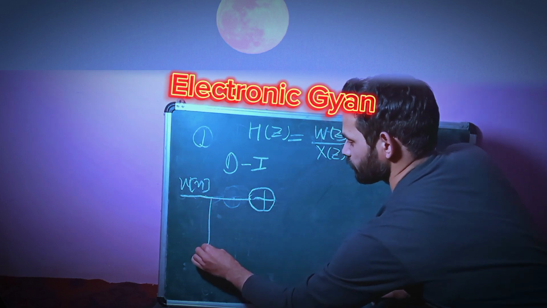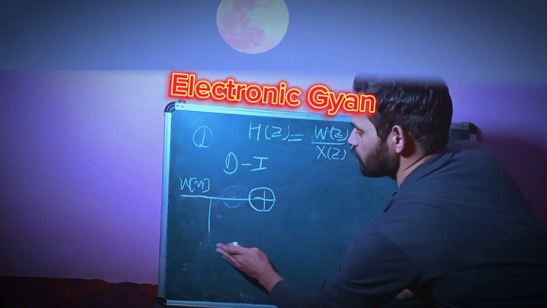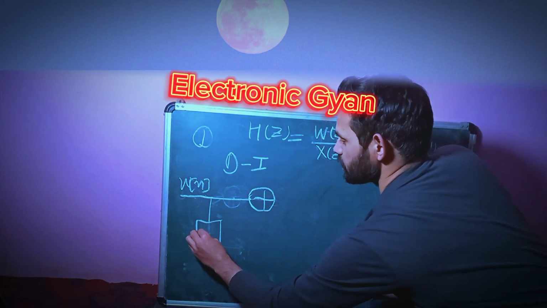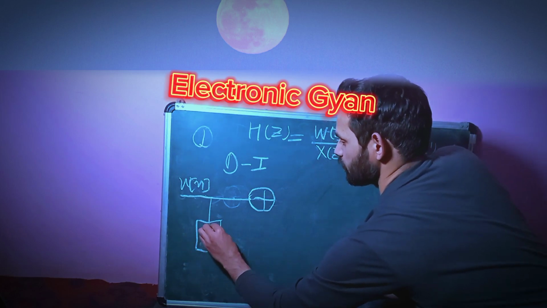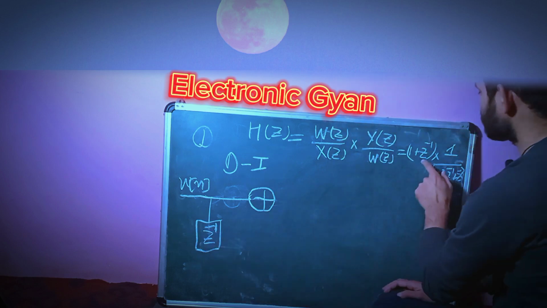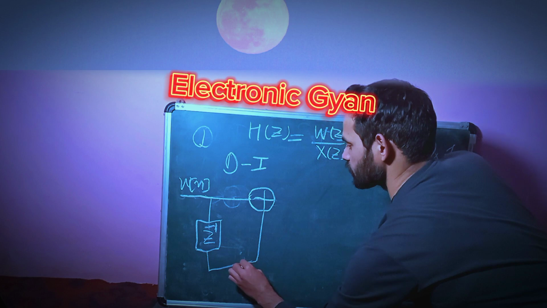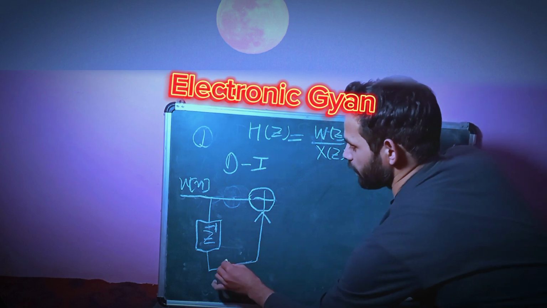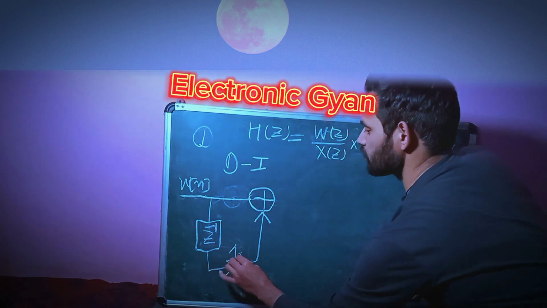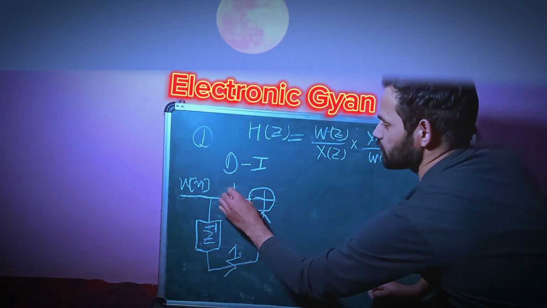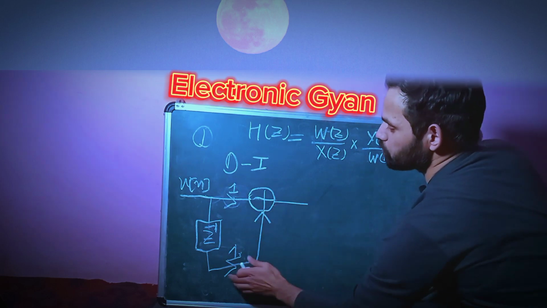Here it will go like an adder with a delay of unity, z inverse. So this is the delay, 1 plus z inverse. Now we have to add this with this, so this is an adder with a gain of 1, giving 1 plus z inverse.